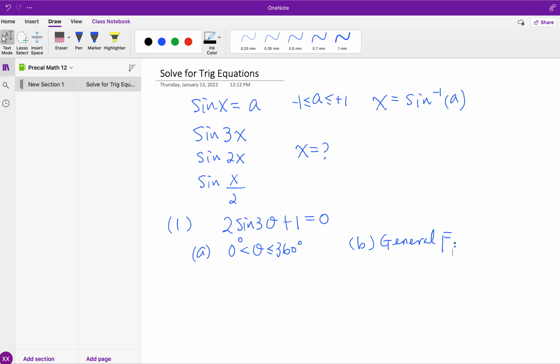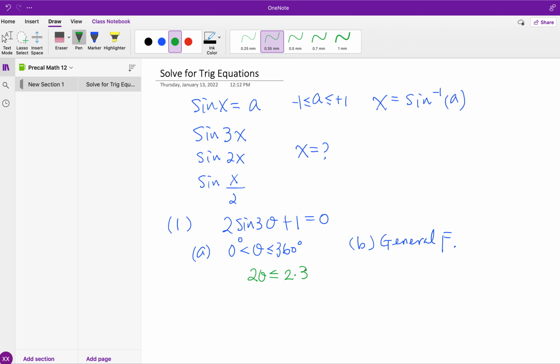Okay, so the first thing that I do is this: if theta here is 360, then for 3 theta here, that would be extended to 3 multiplied by 360.